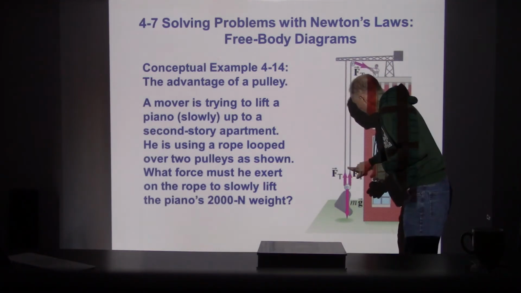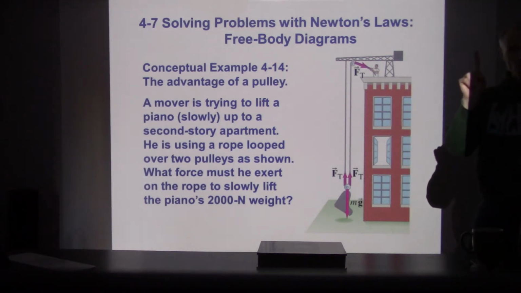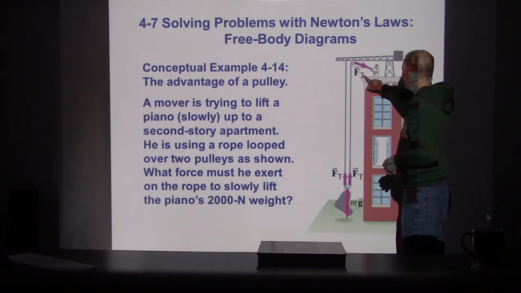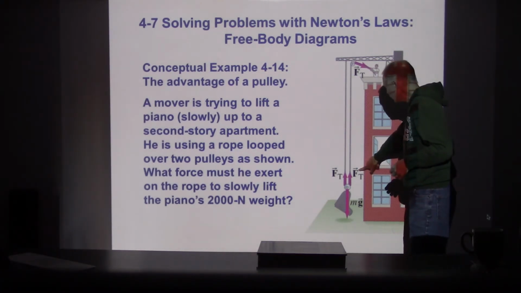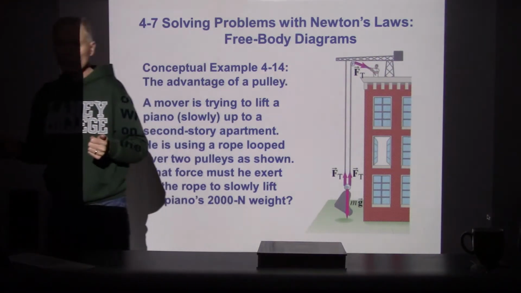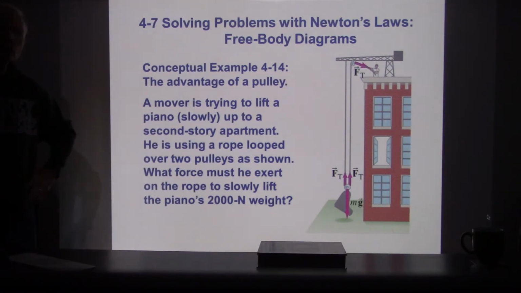And more importantly, if I look at that pulley at the bottom, it has two tension forces upwards. So by this person pulling with force T, they're actually exerting a force on the piano of 2T. So the person doesn't have to pull with mg, they only have to pull with half.